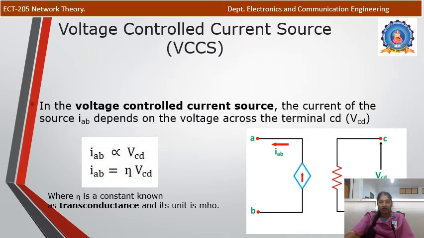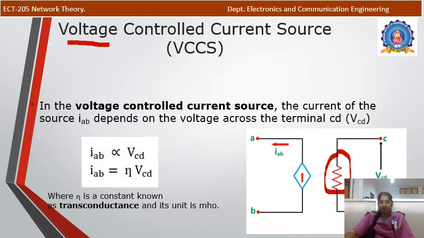So this current value depends on what? The voltage. This current value depends on another voltage. Here also the voltage across this resistor is marked as VCD. So IAB is proportional to VCD, IAB is equal to eta times VCD.